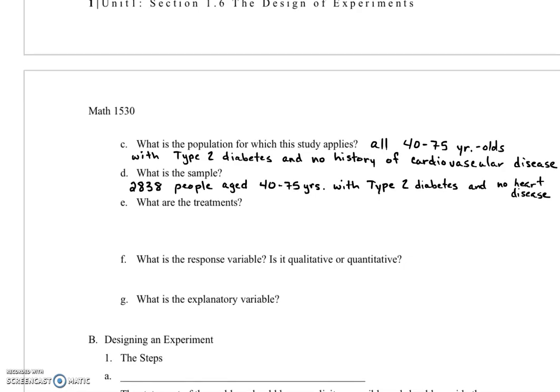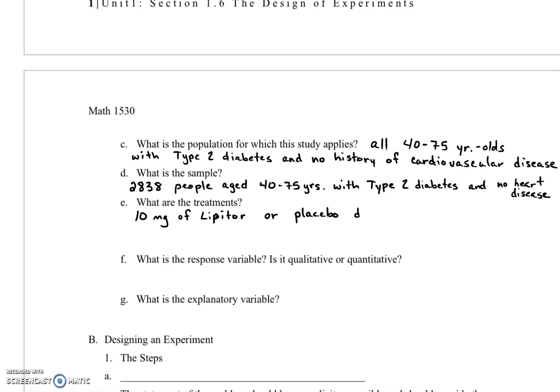So what are the treatments? Well, the treatments are the things that each group gets given. So one group was given 10 milligrams of Lipitor and the other group was given a placebo.